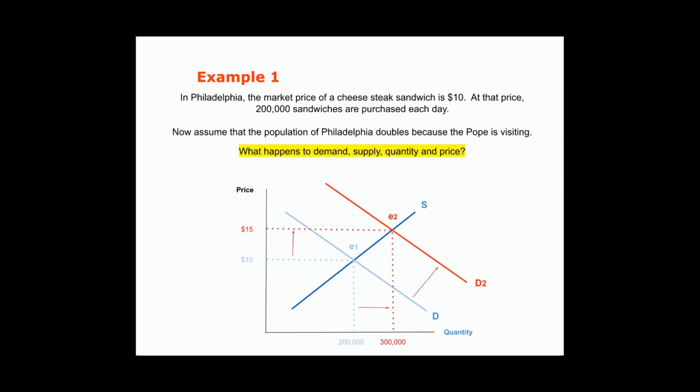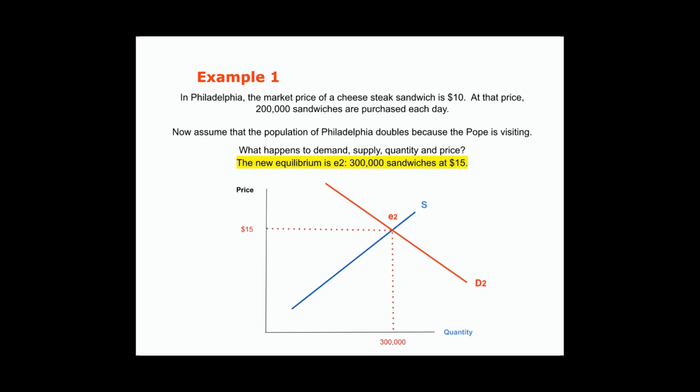We can tell that before it even happens based on the facts of the case and based on using the equilibrium analysis tool. And so the demand would increase. We'd move from D to D2. The supply would be unchanged. We'd move to a different point on the supply curve, but the supply curve itself would be unchanged. The quantity would increase and the price would increase.